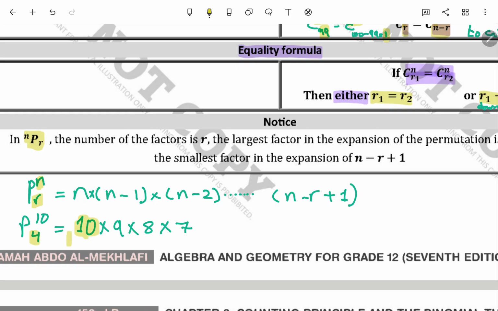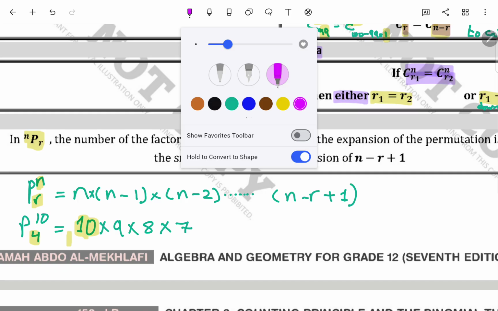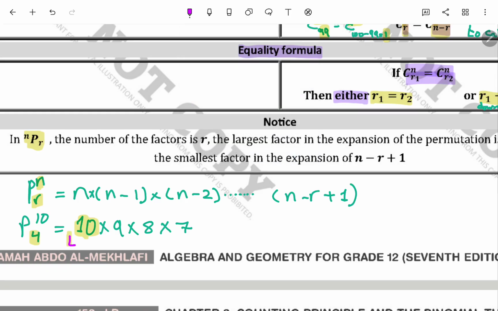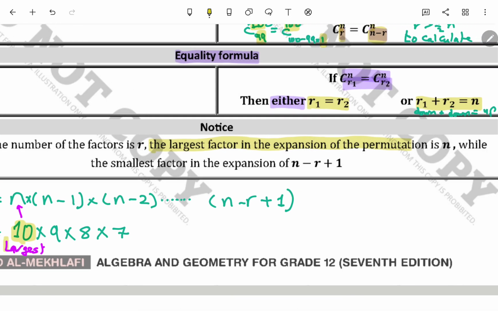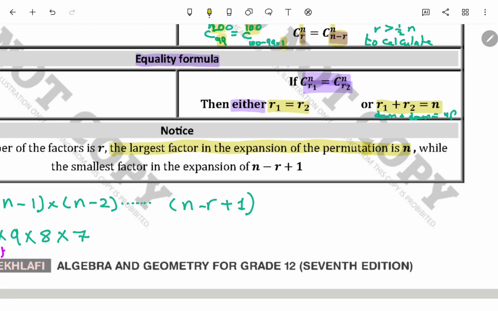So always the largest factor is going to be here, the largest factor, which is going to be similar to n. So n always is going to be the largest, like what is written here. The largest factor in the expansion of the permutation is that n.